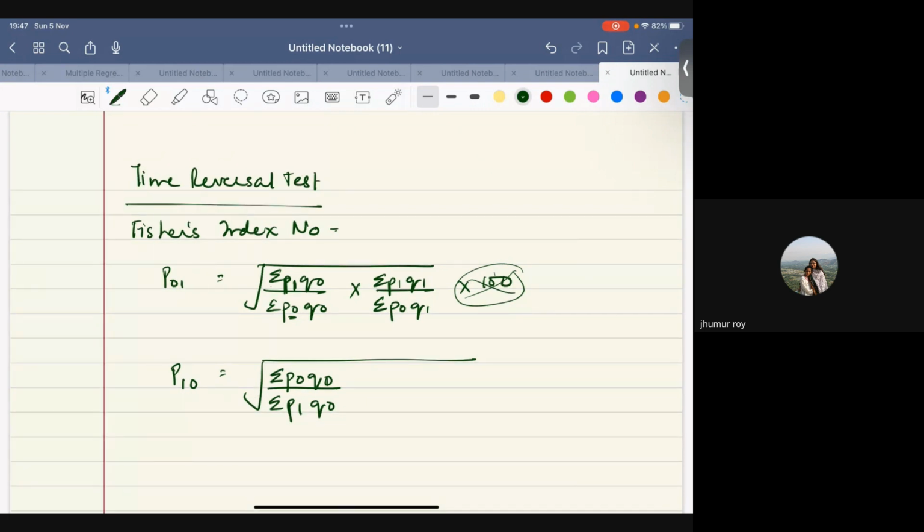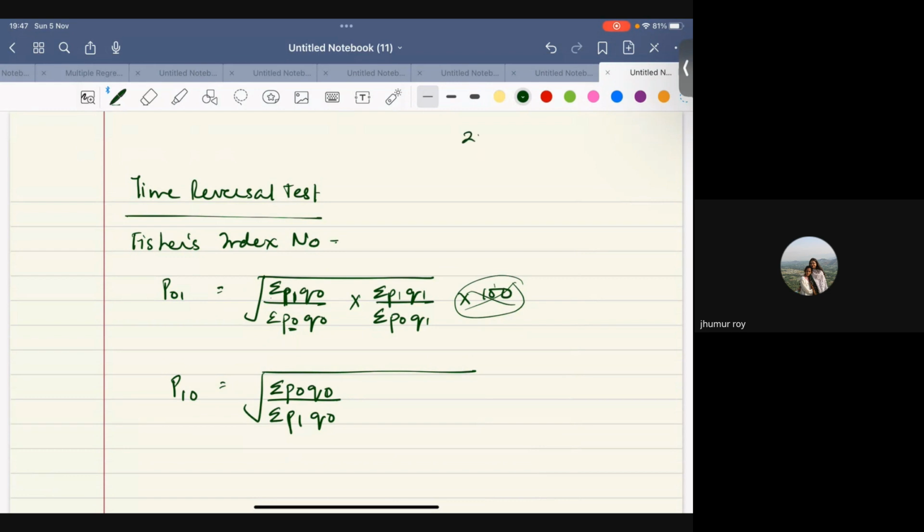Earlier, for 2020 and 2023, I had written P0, Q0 for 2020 and P1, Q1 for 2023. Now I'm writing P0 for 2023, but the quantity I'm keeping the same. There is no reversal in quantity. We're only changing the price.